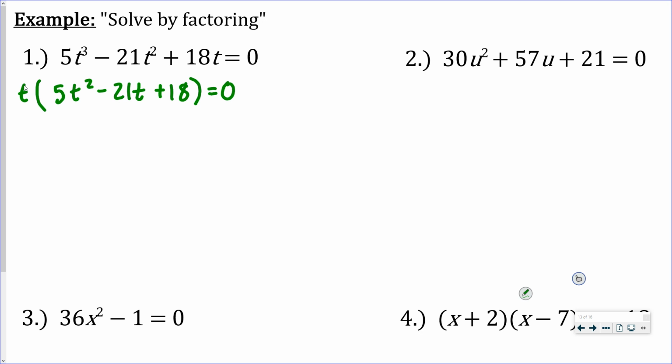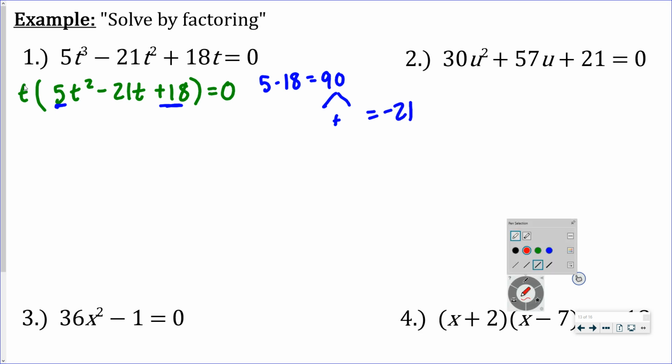How many terms do I have? 3 with a 5 in front. AC method. See how much AC method practice we're getting today. 5 times 18 is 90. Ooh, this might be a tricky one. Two numbers that multiply to 90 and add to -21. -15, -6. Nice, Carter.